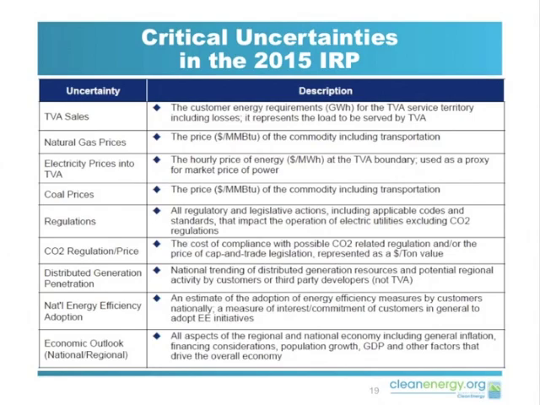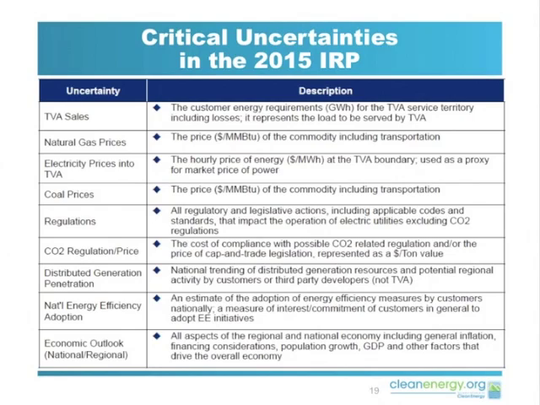Another big issue is the penetration of distributed generation. This was pretty much a non-issue in 2011, but as solar prices and wind prices have been dropping just tremendously over the past few years, the penetration of both of those technologies has increased, and that's going to have a big impact on how TVA plans their generation resources.